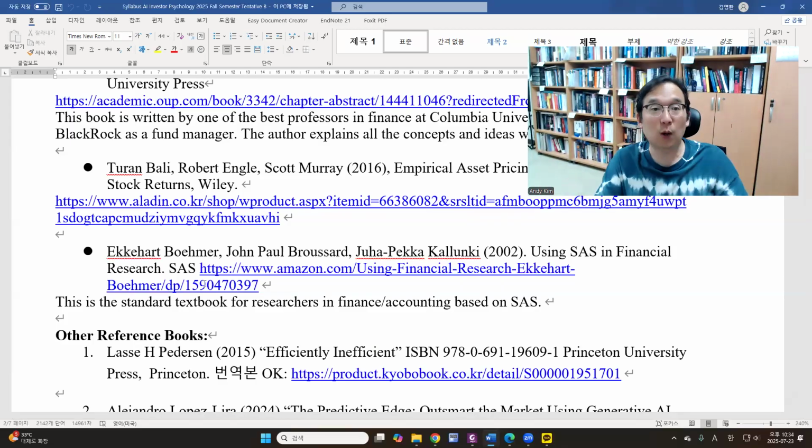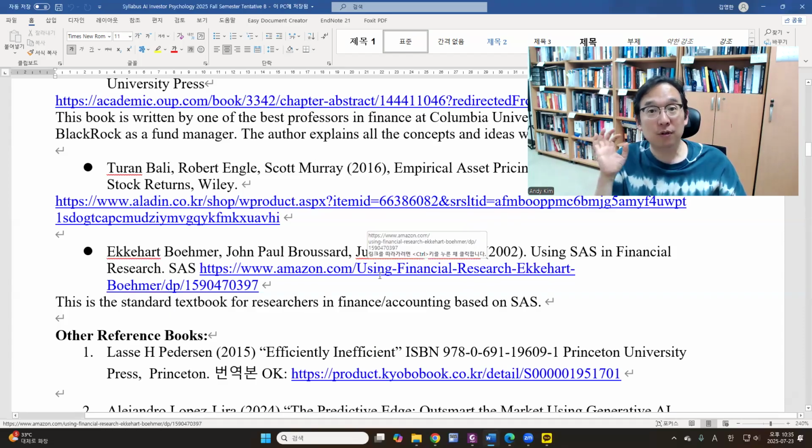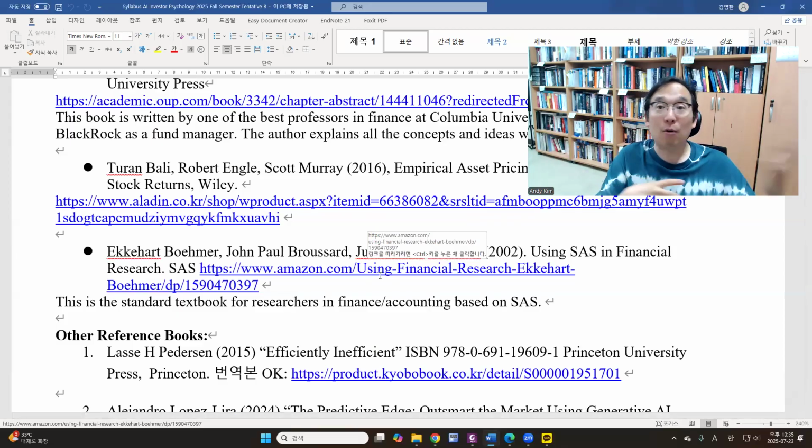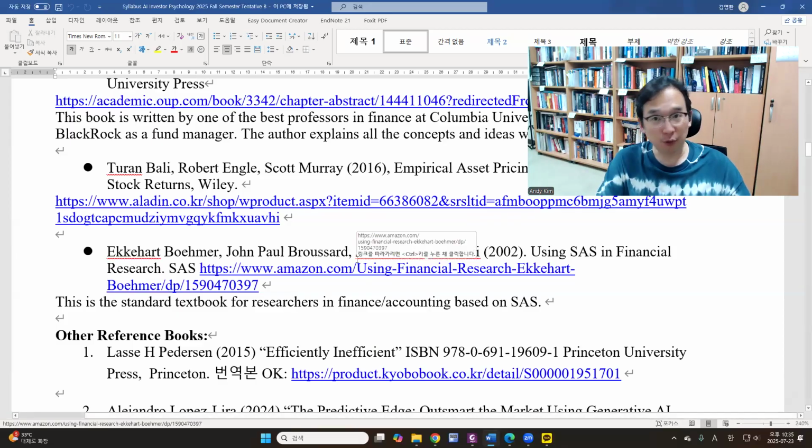They studied this one. But the thing is, this is SAS-based, a different coding language. How about Python? Well, you can convert this into Python using ChatGPT, right? We know that. Everybody knows that. So this is a great material for you.